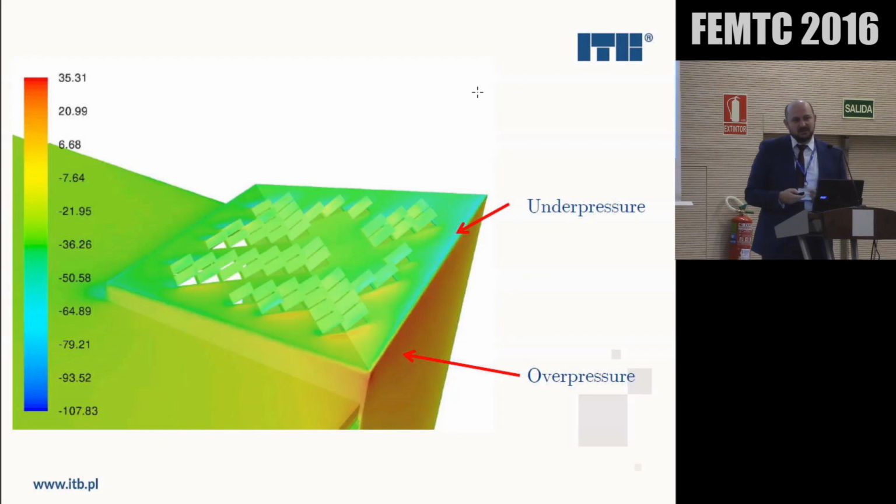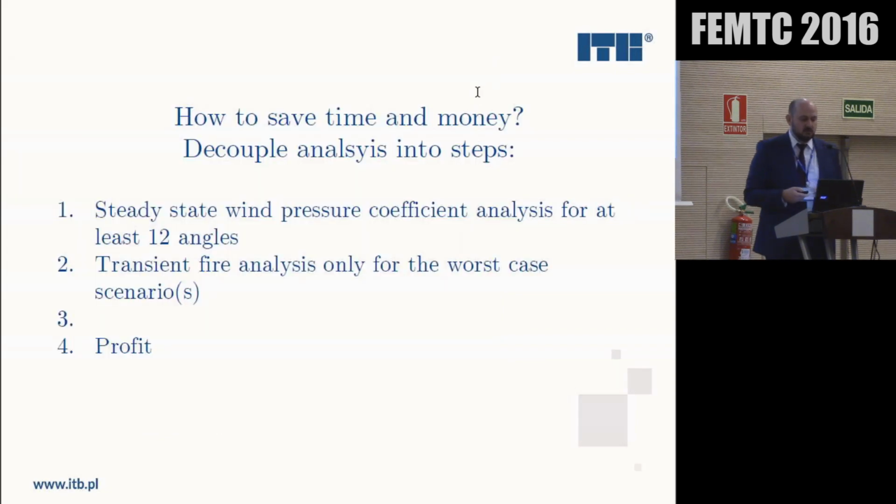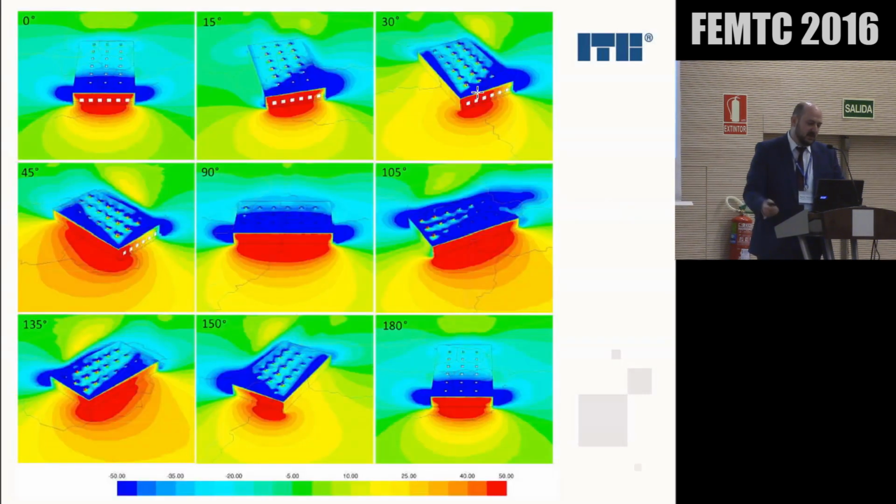I'm perfectly aware that this analysis is insanely computationally costly, and to save some money, we do it in a simplified manner, because we can cheat with steady-state simulations. We run just 12 steady-state simulations that give us results like these, where you find the pressure fields around your building. Once you're done with that, you choose the worst one, and then just go with transient modeling of fire and wind at the same time.